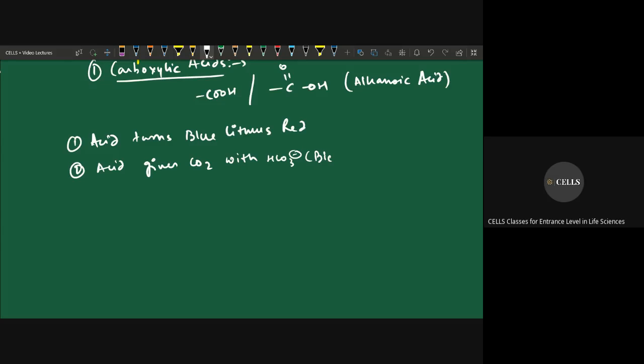This is an important property. If there is a particular RCOOH plus HCO3 minus, there will be RH and CO2.